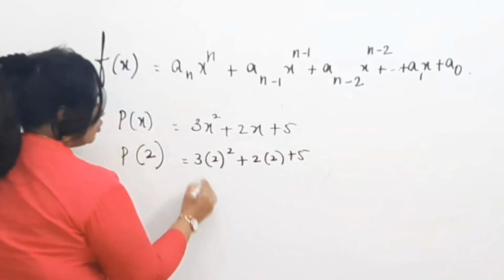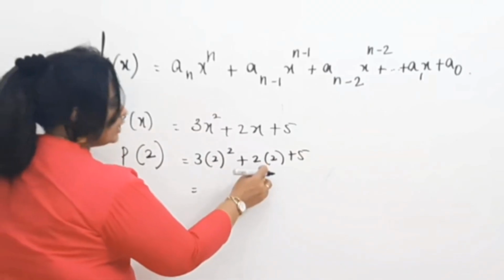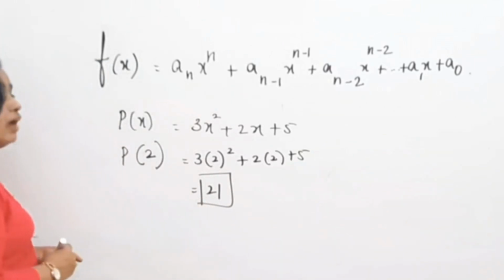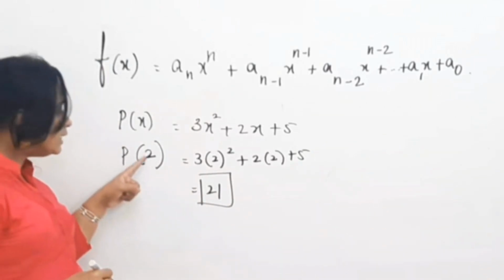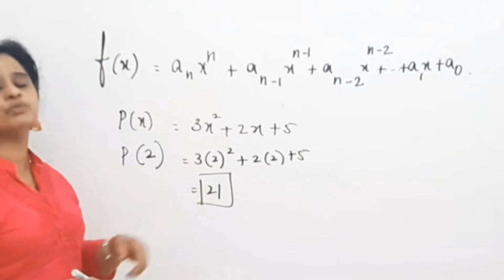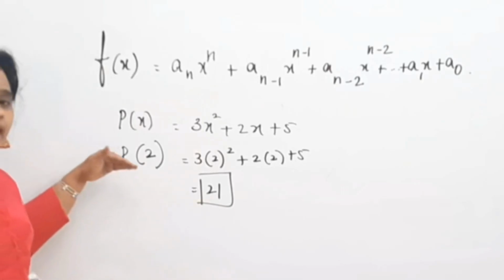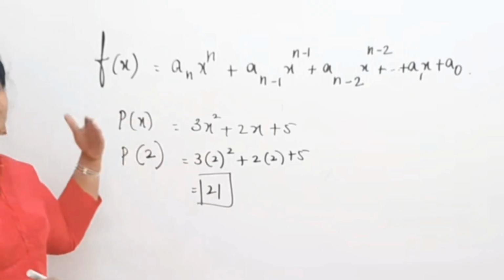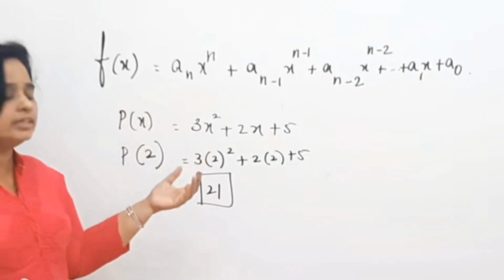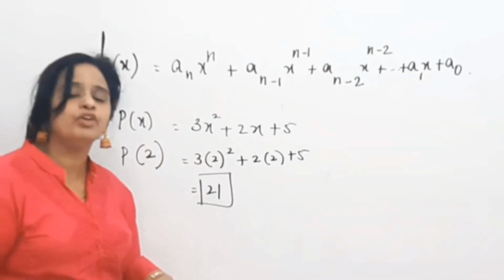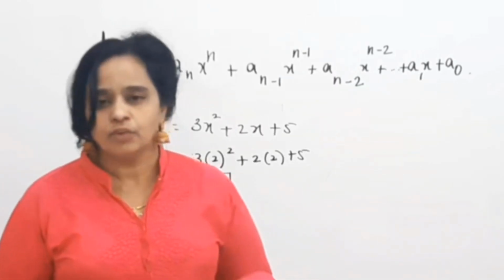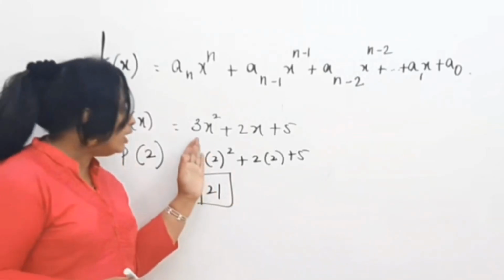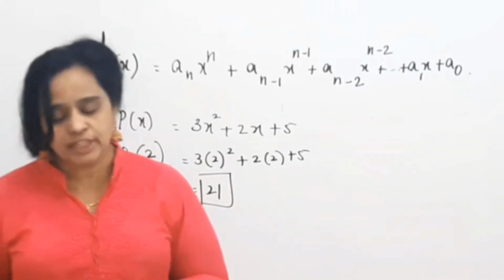That's equal to 4 threes are 12, 12 plus 4 is 16, 16 plus 5 is 21. So the value of the polynomial at x equal to 2 is 21. Hope everyone understands how to find the value of the polynomial. When you change the values for different numbers, of course the value of the polynomial will also change. So based on the variable value, the value of the polynomial will also change.